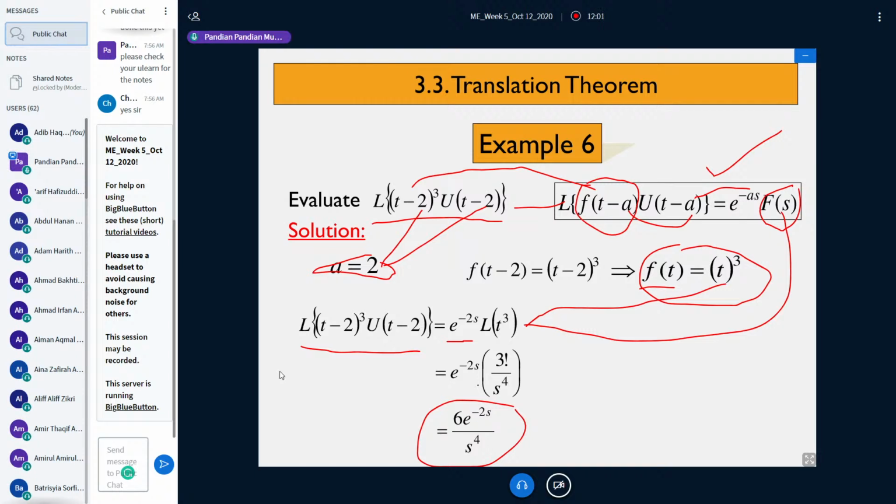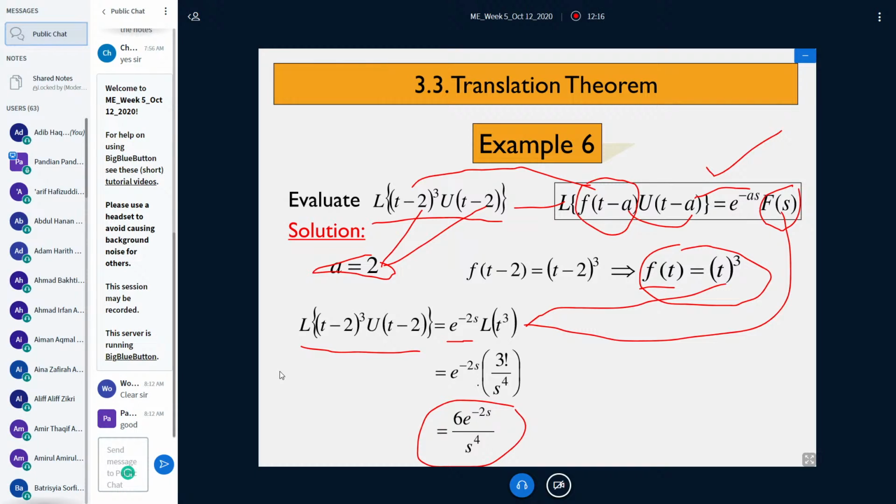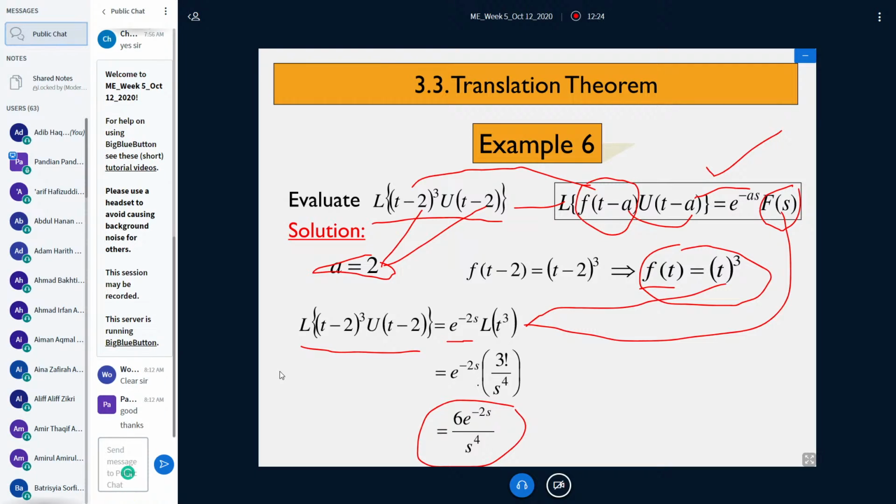Any question on example 6? Thank you, Wong. Okay, so we proceed, yeah? So we proceed.